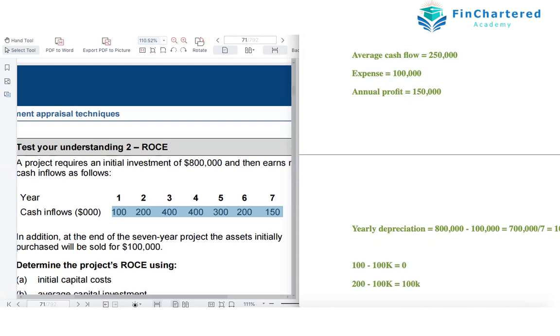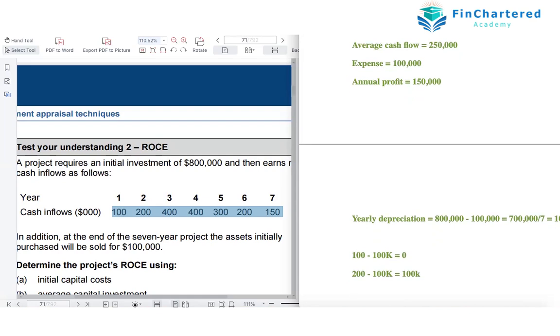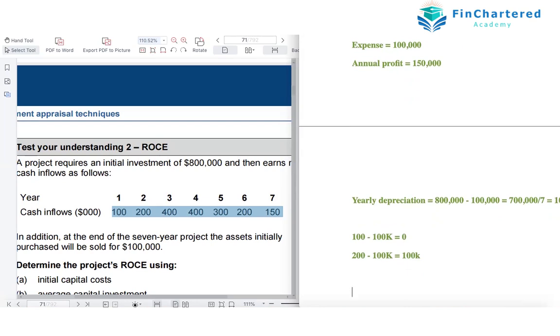We will not do it this way. What we will do is, because your cash flows are different every year, we will take an average cash flow for each year, right? So the average cash flow.